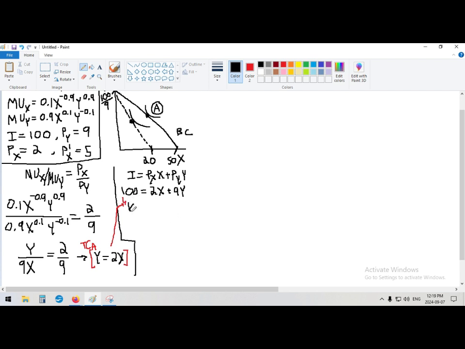So now we have 100 equals 2X plus 9 times 2X. That gives 100 equals 2X plus 18X, which is 20X. So the X star at the first point A is going to be equal to 5.